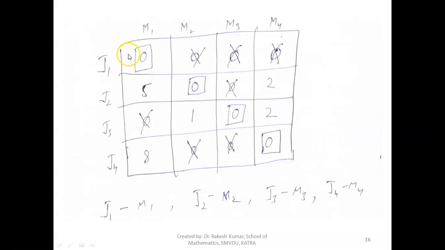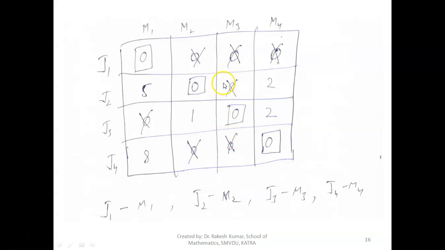Okay, now what after that? Go to the second row, no single zero possible. Now go to the third row, a single zero is possible, and it is here, and then cross all other zeros in the column.